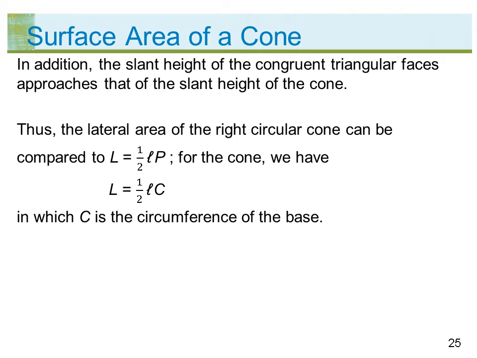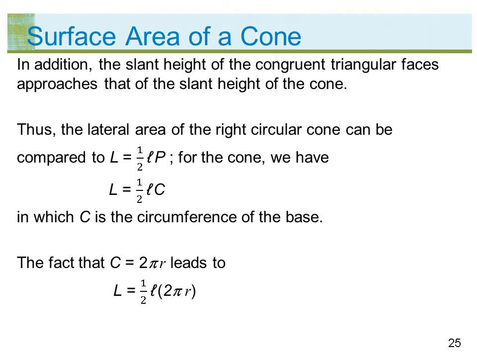Thus, the lateral area of the right circular cone can be compared to L = 1/2 ℓP. For the cone, we have L = 1/2 ℓC, in which C is the circumference of the base. The fact that C = 2πr leads to L = 1/2 ℓ times 2πr. So, L = πrℓ.